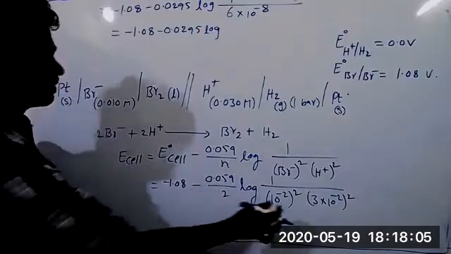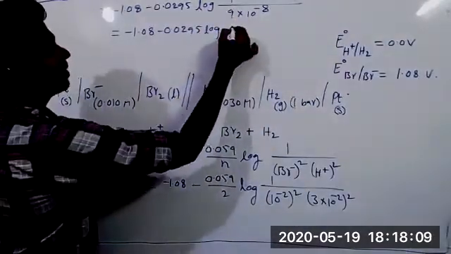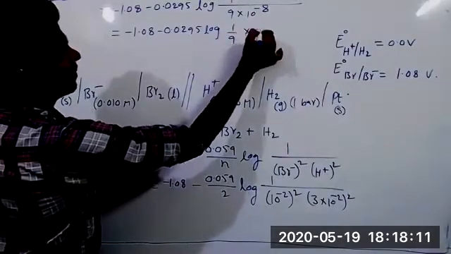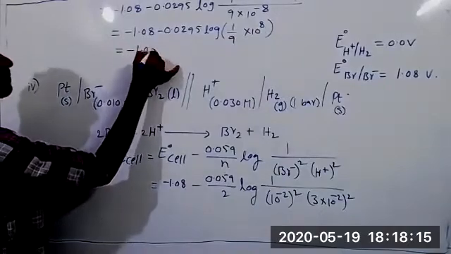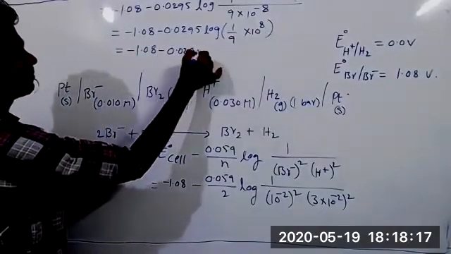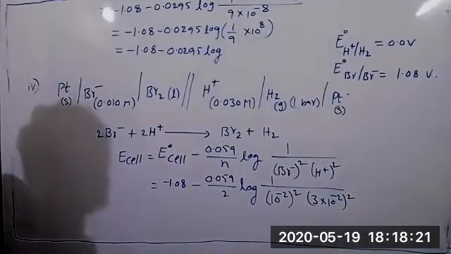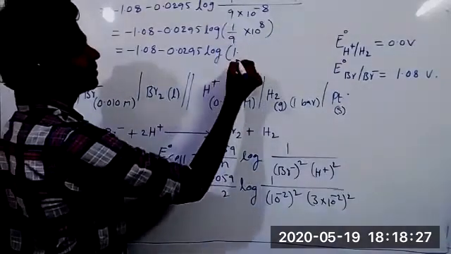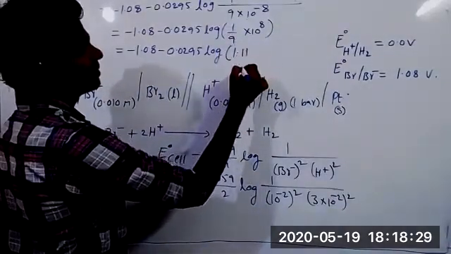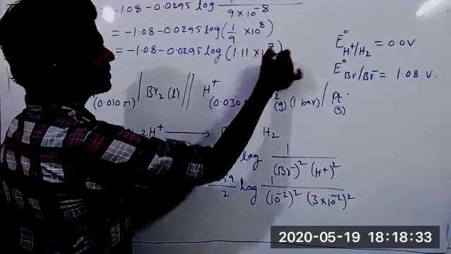So 1 by 9, here 10 power plus 8. One by 9 value, or 10 by 9 you take, 1.11 into 10 power 7.